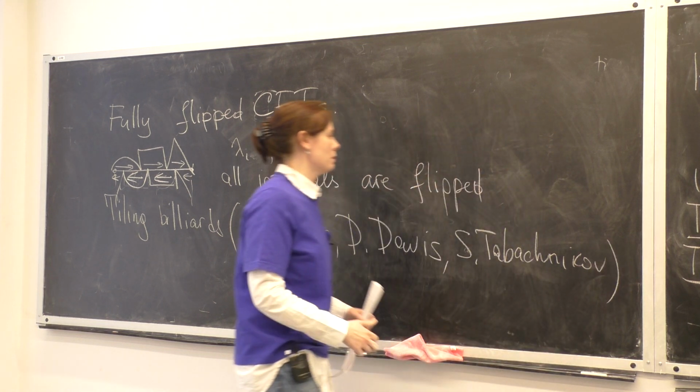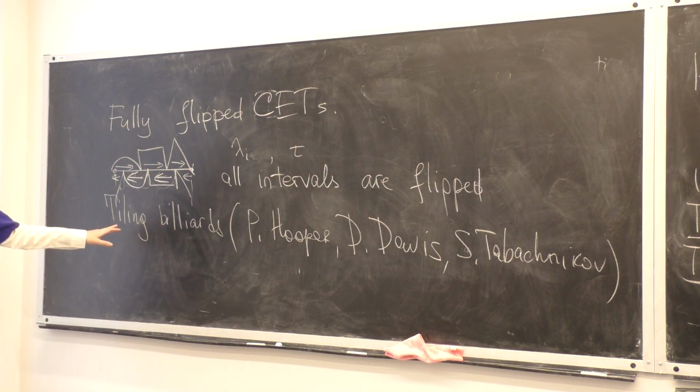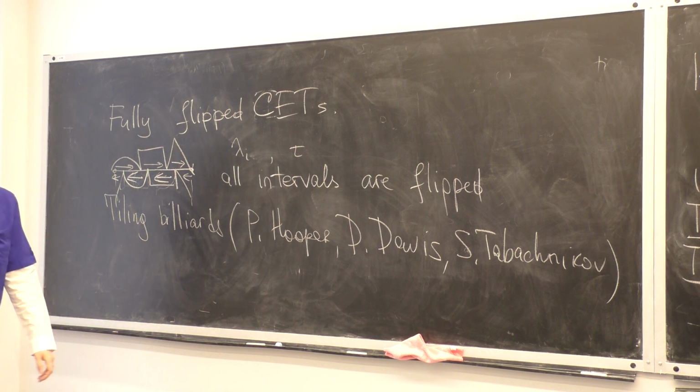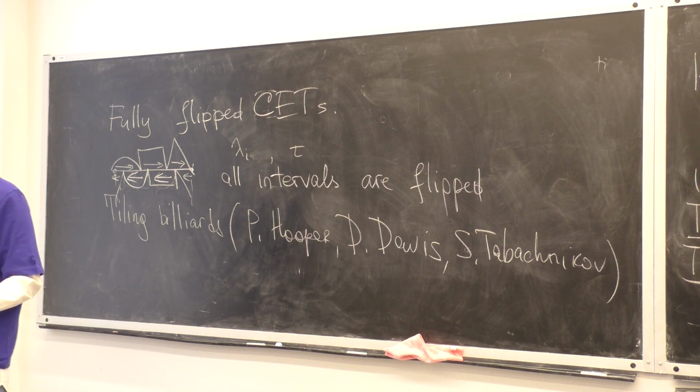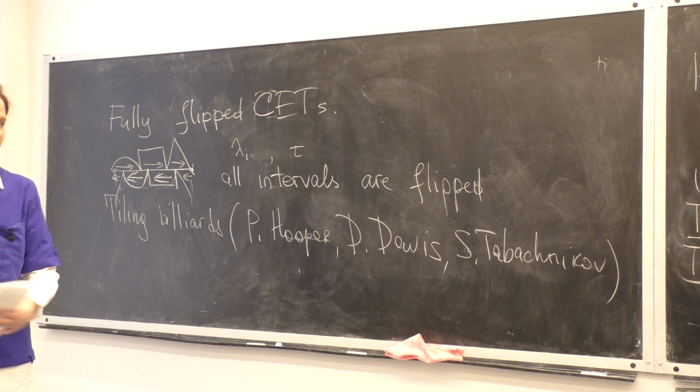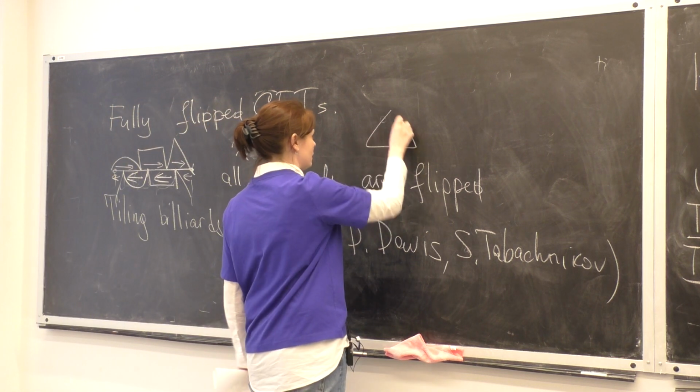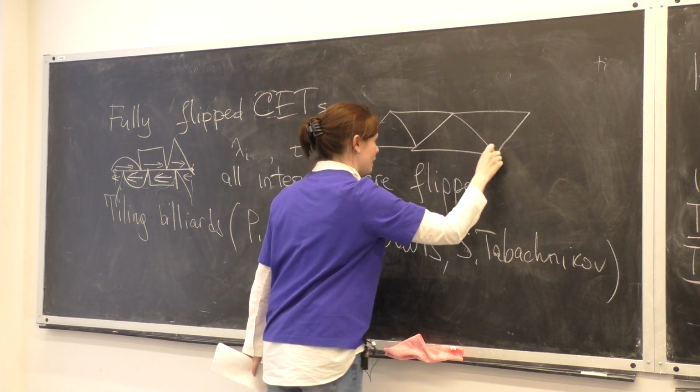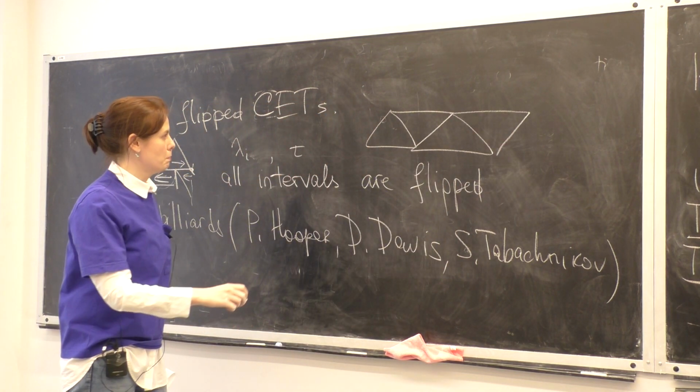So they were working with a very particular type of billiard. What does it mean, tiling billiards? We are not going again to discuss it much, but since I announced the words, I have to explain a little bit. It means the following. You take a tiling, for example of triangles, the standard equilateral tiling like that, and then you consider a billiard.